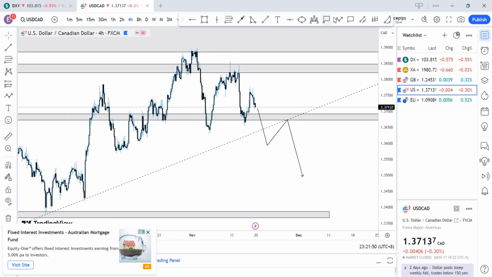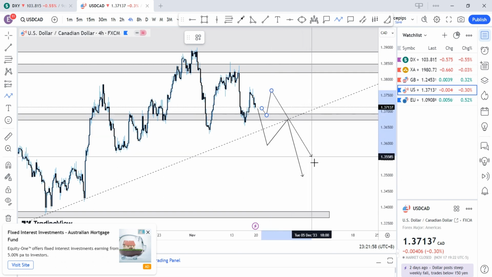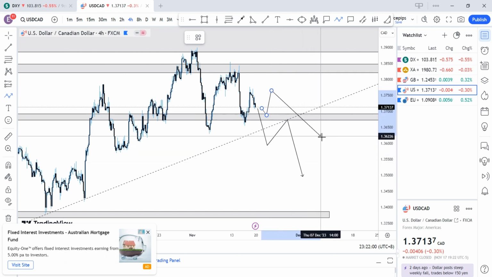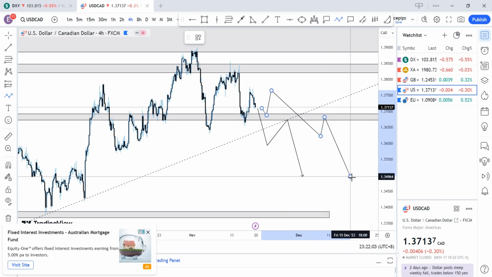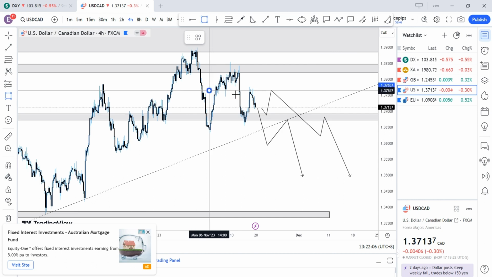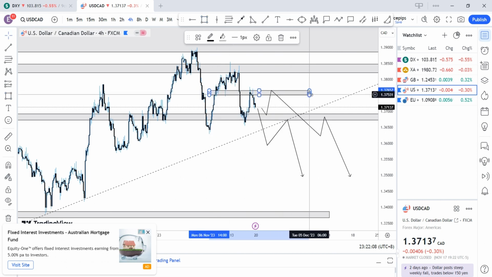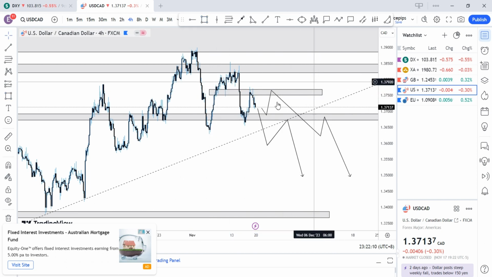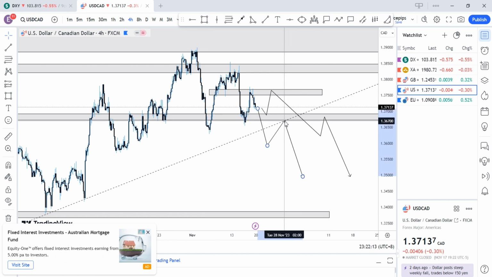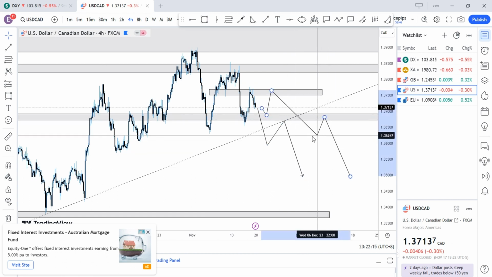Or we could just get a pullback at market open, maybe after price reaches this region, come here to create like an M, come back to break these regions one more time, and then retest, and then continuation, something like that. So I'm looking at this region as a very strong one. So this is what I'm anticipating.